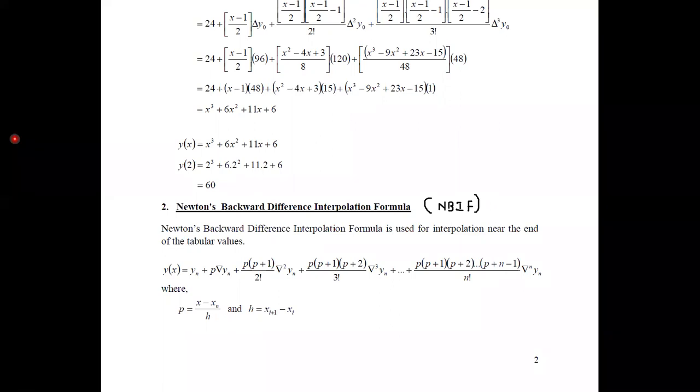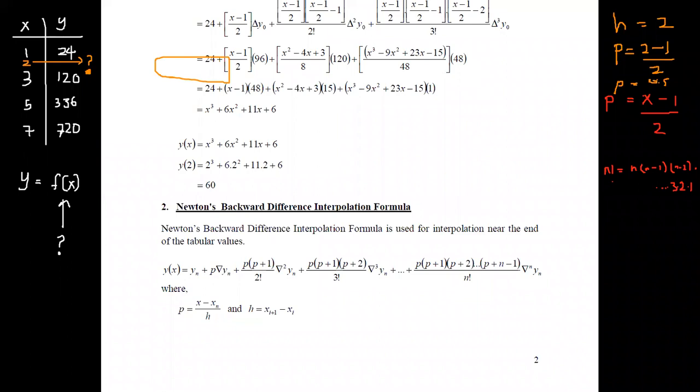If you need to identify the value of y for 6 in the previous data set, then in this way you can apply Newton's backward differencing technique.